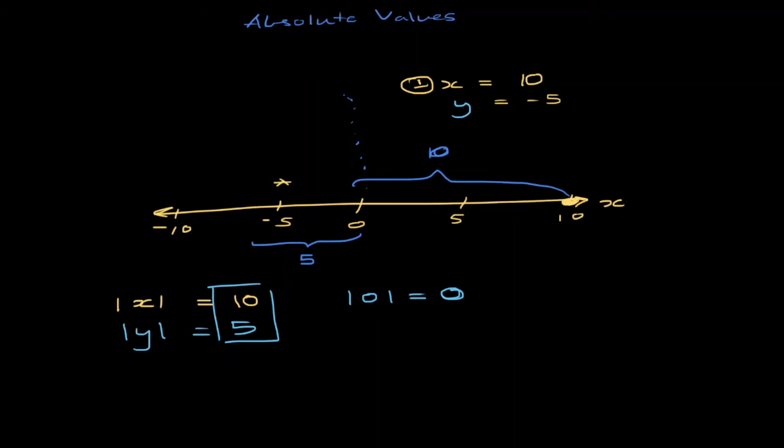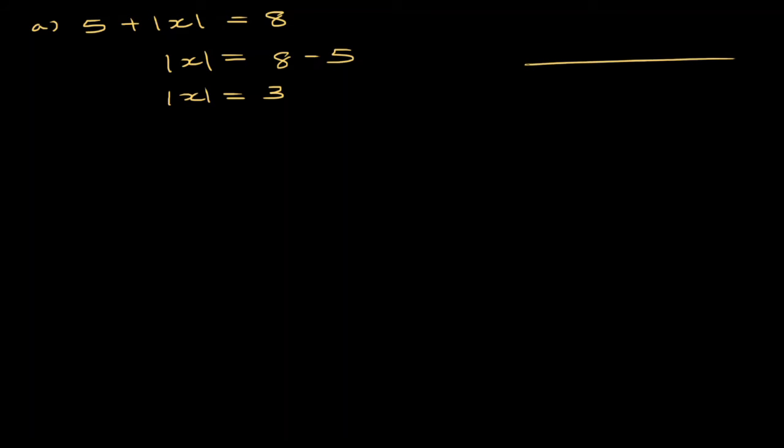So let's go over some examples in solving some equations using absolute values. Let's do 5 plus the absolute value of x is equal to 8. So how do we solve this? Just like we'd solve anything else. We'd move the 5 over, so it becomes 8 minus 5, and this is 3, the absolute value of x is 3. So here, x can be either -3 or +3, because if you have 3, 0, and -3, going this way is 3, and going this way is 3.